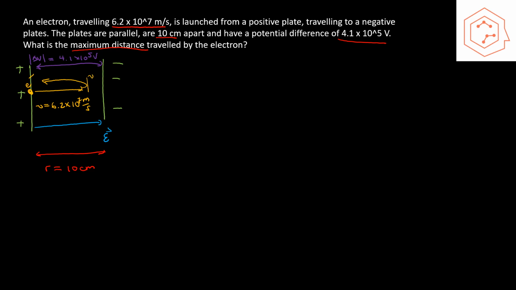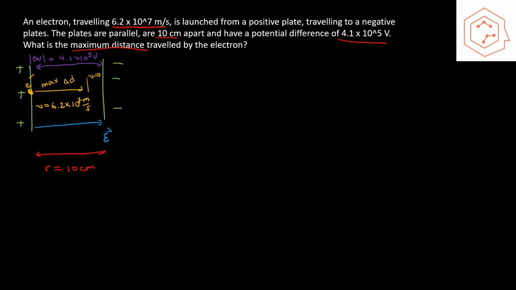There's a point where it has velocity 0, and we want to know the maximum displacement of the electron. And so right there, we dealt with the fact that the electron is negative and that the plate is negative, and from now on, all we care about is the magnitude of the electron's charge and the magnitude of the potential difference.